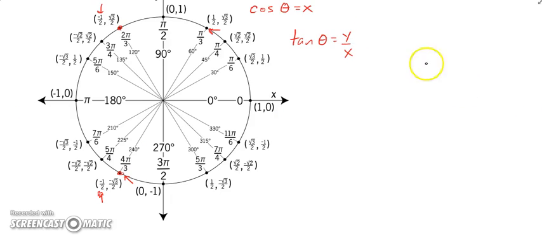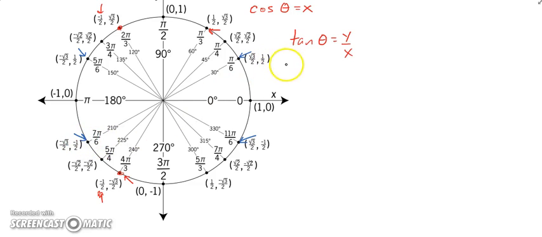So if I pull up my unit circle, we're looking again for the cosine to be square root of 3/2. So I think here is a place where the cosine is square root of 3/2. I think here is a place where the cosine is square root of 3/2. But remember, we needed the negative options as well. So I think I also better list 5 pi over 6 and 7 pi over 6 as well.